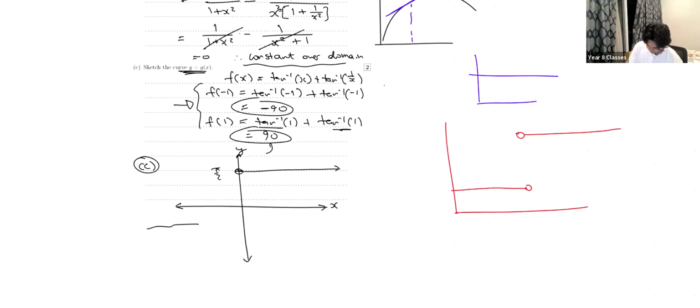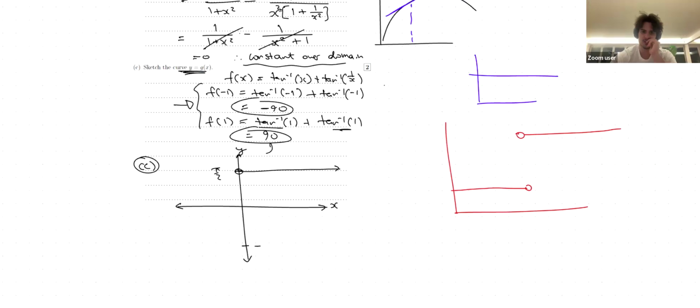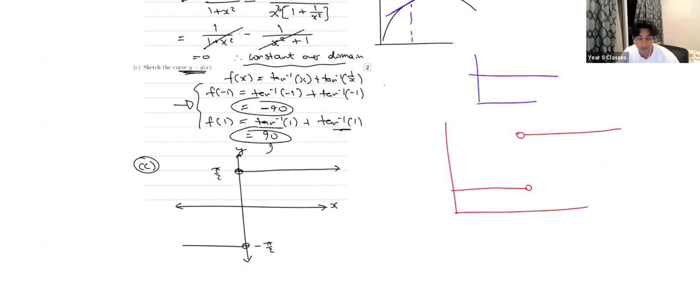Is that right? Yes, that is right. Because I just put it into Desmos and it's giving me a completely different thing. This should be correct. I can Desmos it real quick as well, just to check. This is a pretty common question from memory.